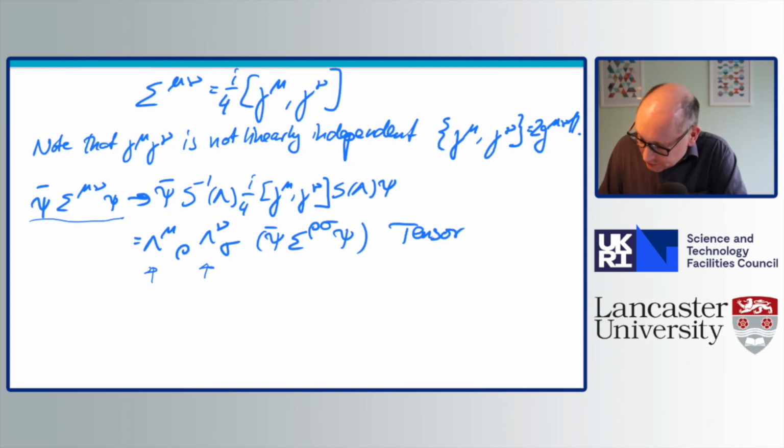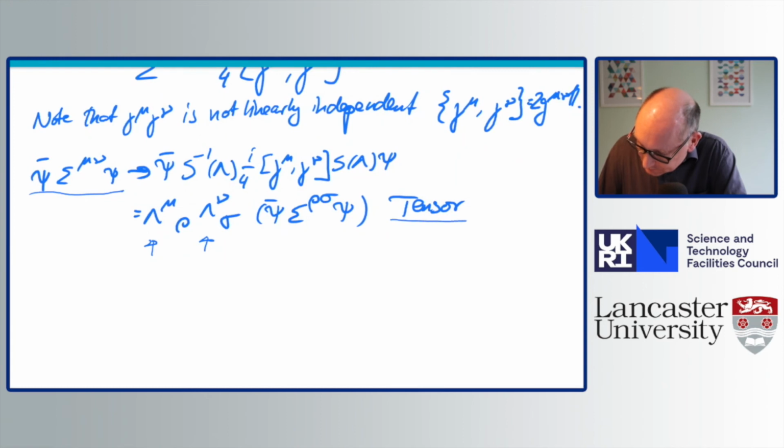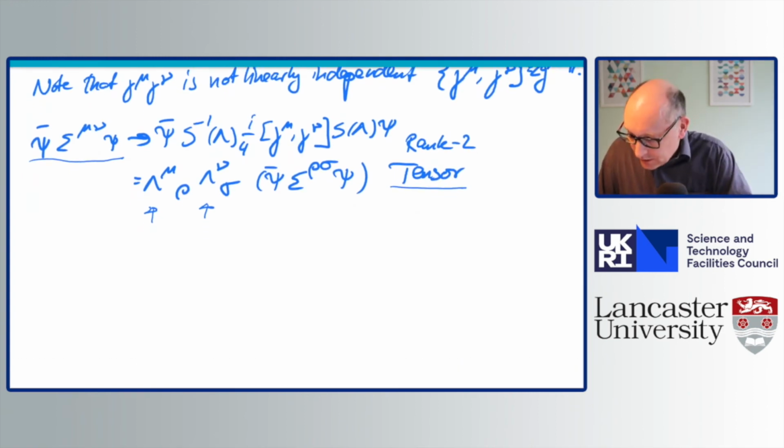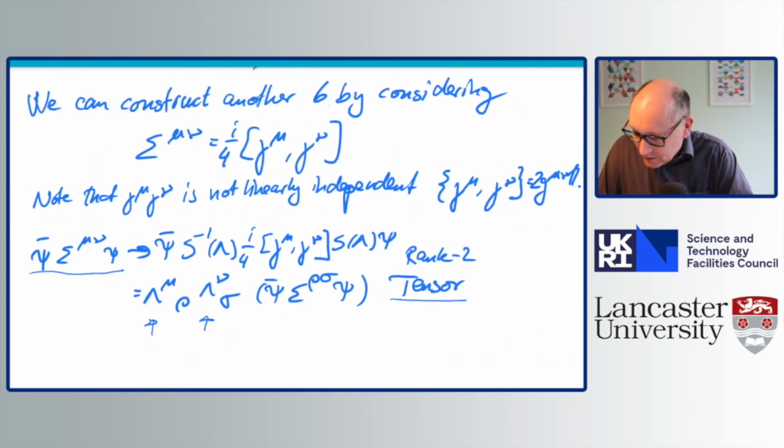That's the definition of a rank 2 tensor. Now, the reason that we only had 6 and not 4 by 4 is that the γ^μ's are not linearly independent, right? So we only get 6 extra.